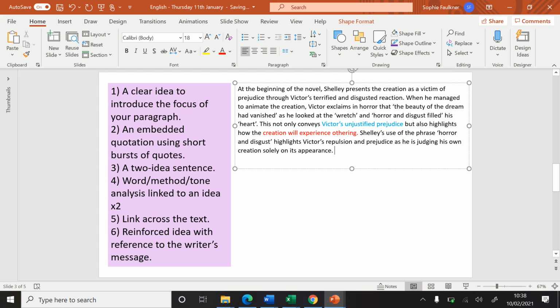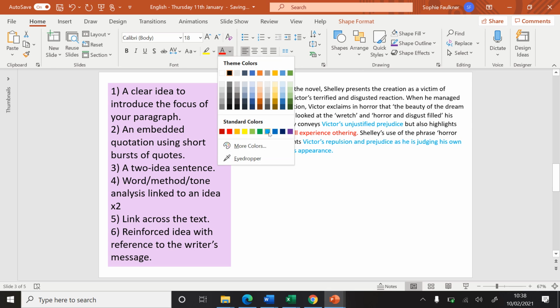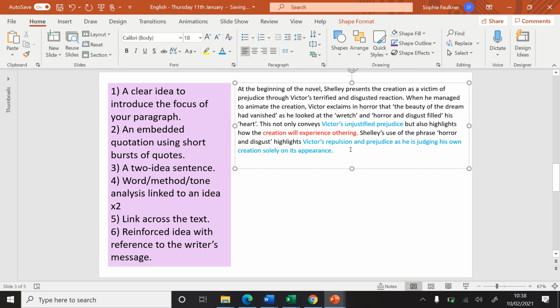Now I could leave it at that, but it wouldn't be very developed. So I'm now going to talk about structure. I'm going to link this to the fact that we're hearing this from Victor's point of view, and therefore what does that suggest? What does that emphasize?